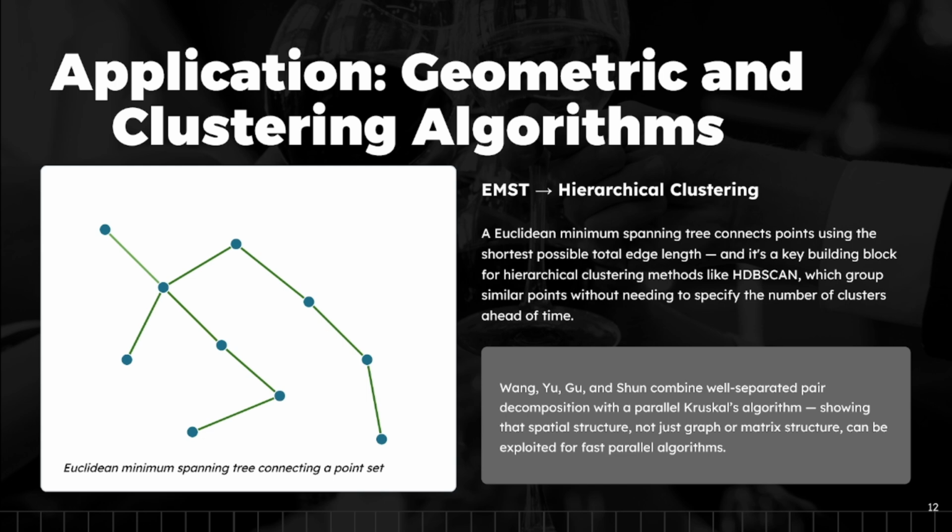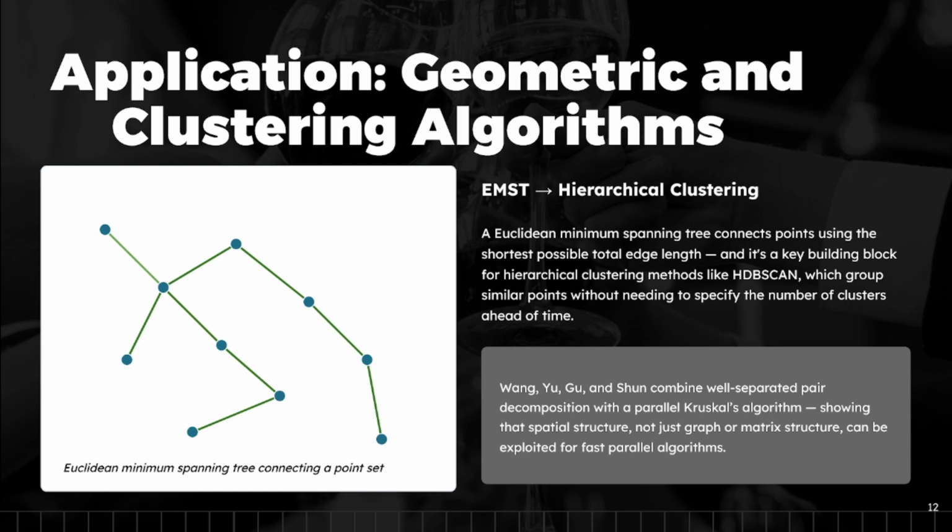Wang, Yu, Gu, and Shun published fast parallel algorithms for exactly this problem, using a technique called well-separated pair decomposition combined with a parallel version of Kruskal's minimum spanning tree algorithm.